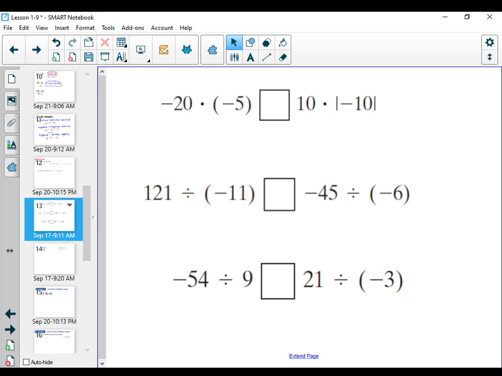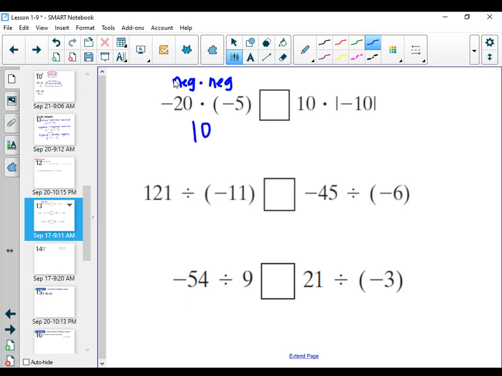On these problems, I'll need to do the left side and the right side and then figure out if I will need a greater than or a less than or an equal to. On the left, I see a negative times a negative, and I remember a double negative is going to give me a positive answer. On the right, oh, I see those bars.